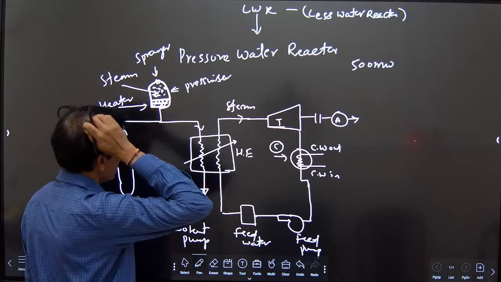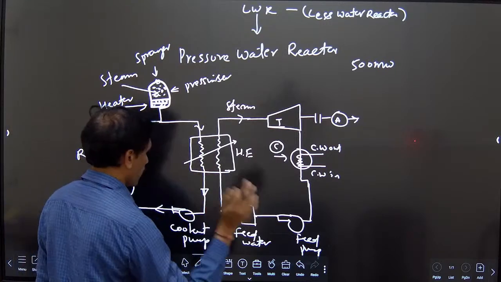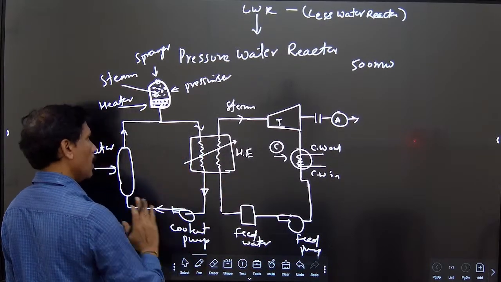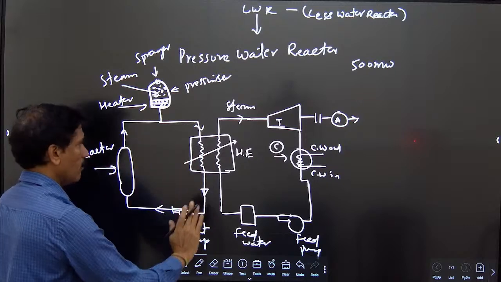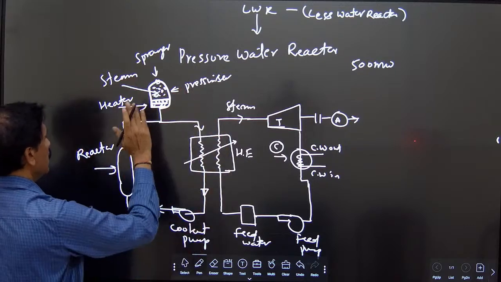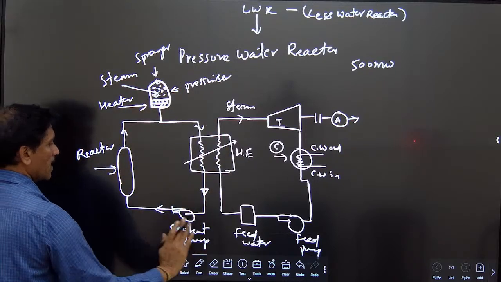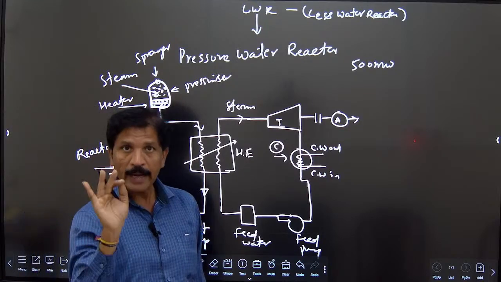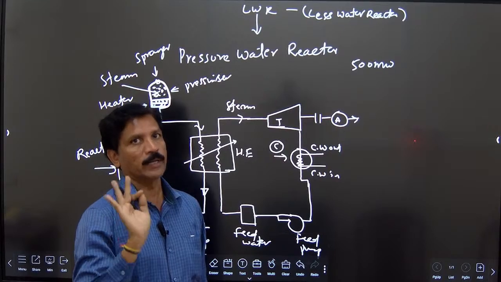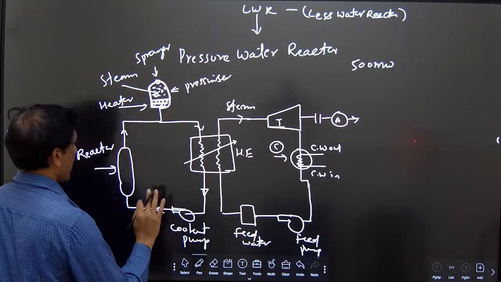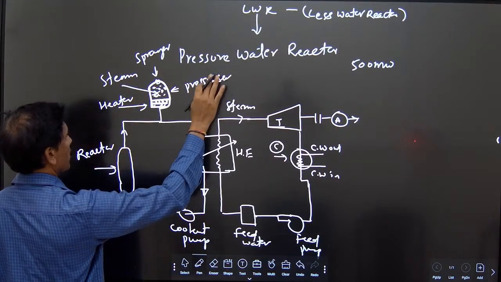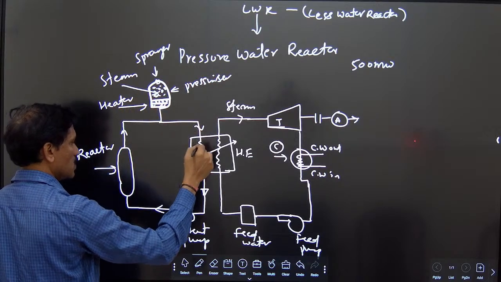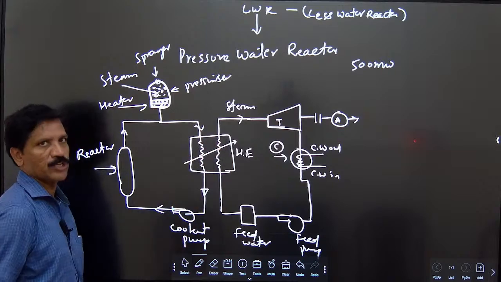The water is picked up from the feed pump and sent into the heat exchanger. Before that, the work already starts at the reactor. In the reactor, the coolant pump supplies reactor coolant, it is not water. It is supplied where a very small pressure is generated, and the spray comes into the heat exchanger.